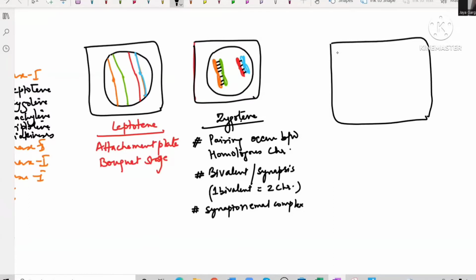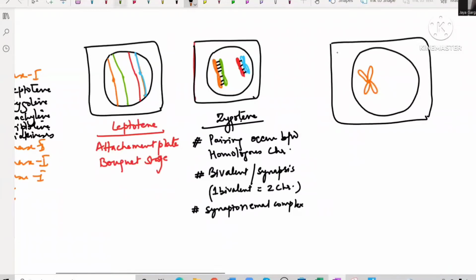I'm just trying to draw it big so that I can explain it properly. Now see the chromosome. Now I think so in each bivalent, I'm able to see 4 chromatid clearly. And I'm finding overlapping is going on.